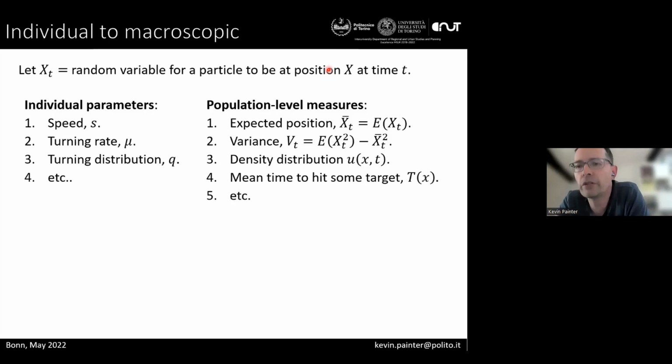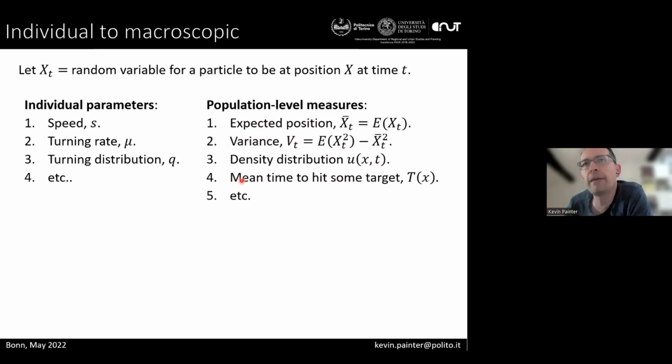Then the things we would want to know at a population level are statistical quantities, such as the expected position of the particle at some time, the variance in that position, so how it is distributed around that, and the density distribution of a population of individuals.